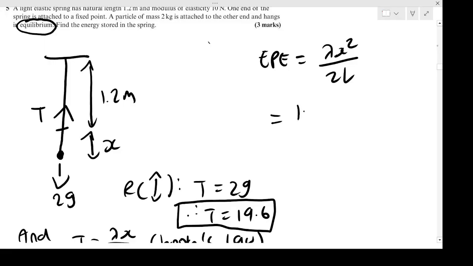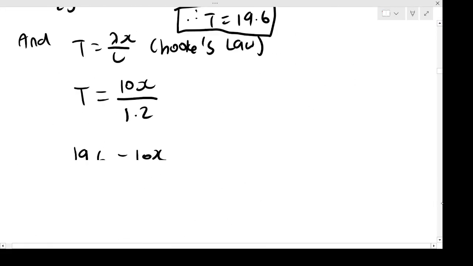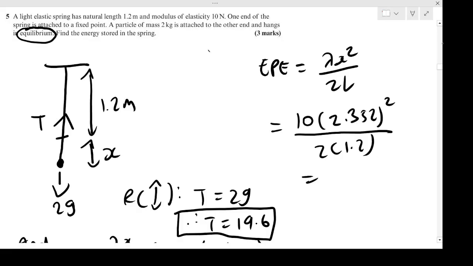The modulus of elasticity is 10 times the extension 2.352 squared, divided by 2 lots of the natural length 1.2. So that would get me the energy to be 23.05 joules, and there we are.